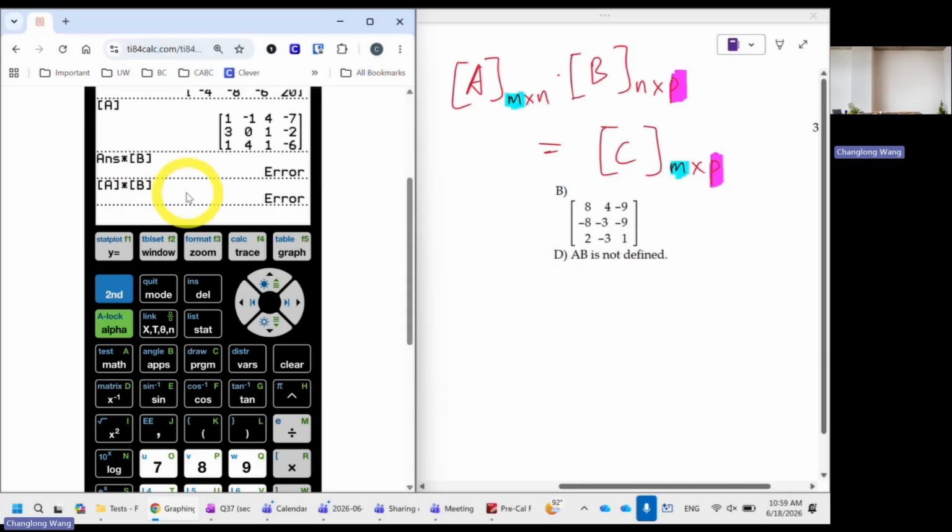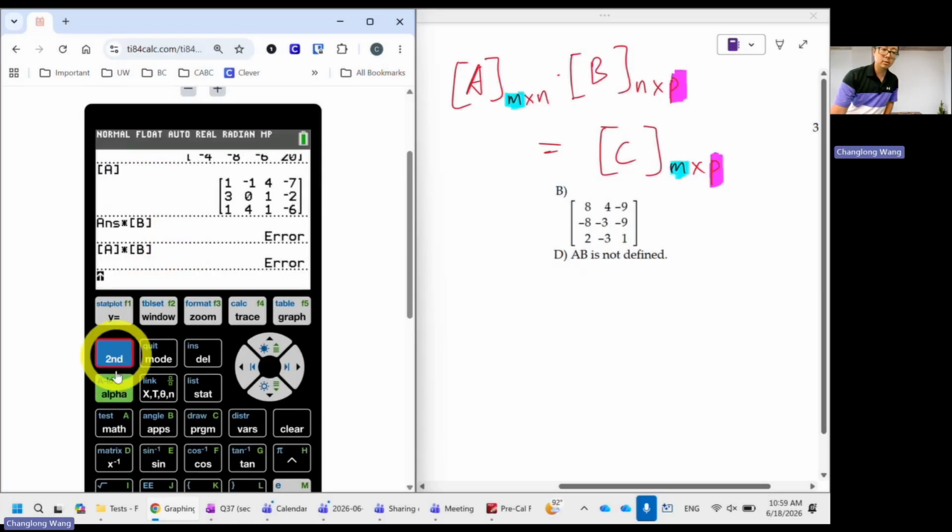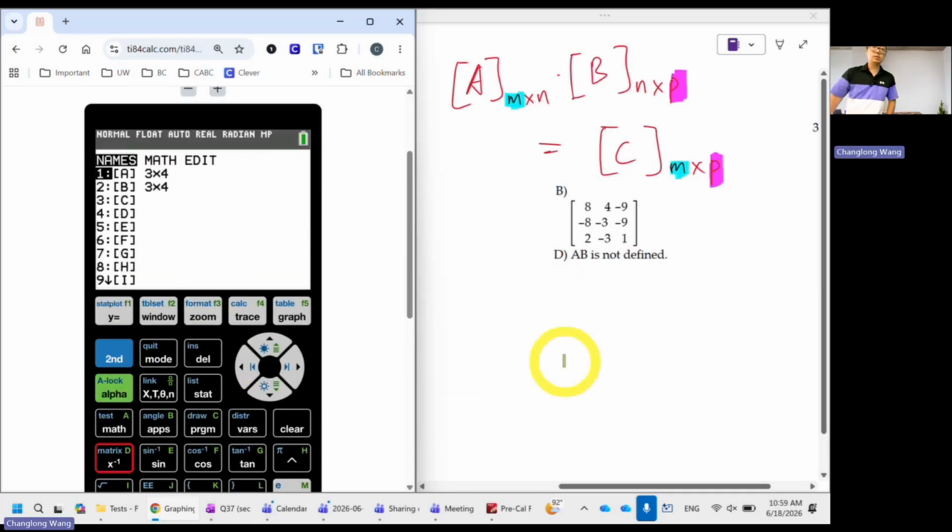But what's wrong with that? Let me show you the matrices A and B. A is 3 by 4. B is also 3 by 4. Do they multiply? According to our rule for multiplication of a matrix, do they multiply by having the same inner index?